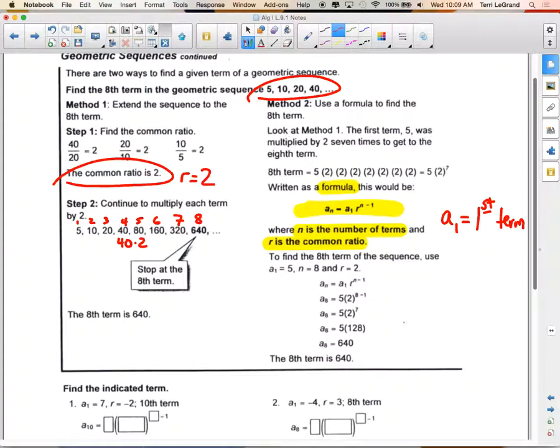So how many times did they really multiply by 2? 8 times? How many? They took 5 times 2. They took 10 times 2. How many times did they multiply by 2?